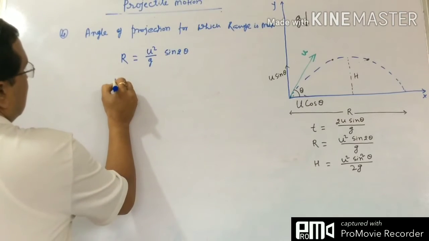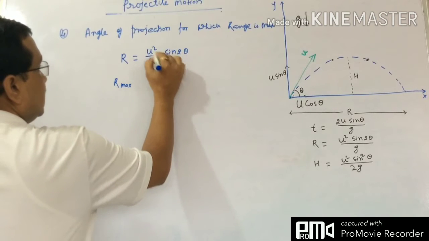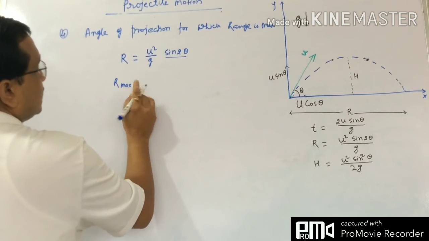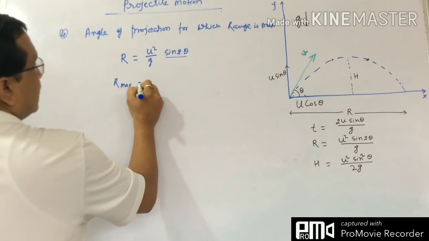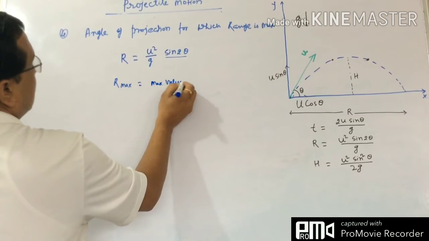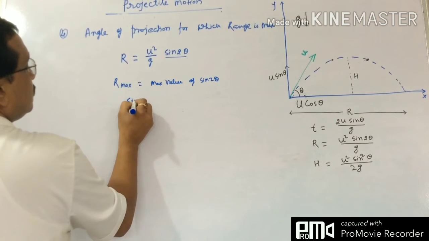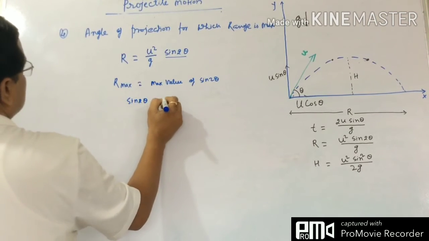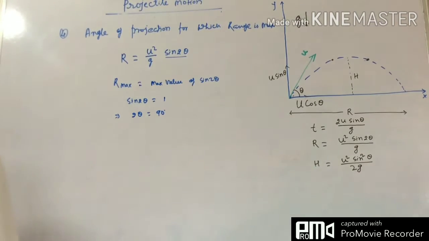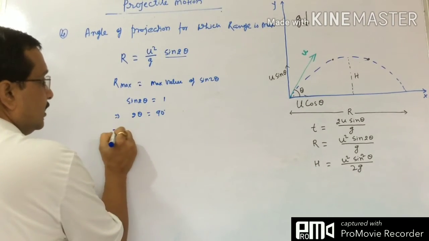So R max means this term max. U square by G is constant, so sine 2 theta has to be max. The maximum value of sine 2 theta is 1, means sine 2 theta equals 1, means 2 theta equals 90 degree, because sine is maximum when the angle is 90 degree and equal to 1.